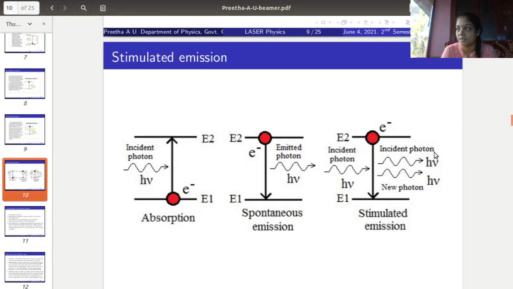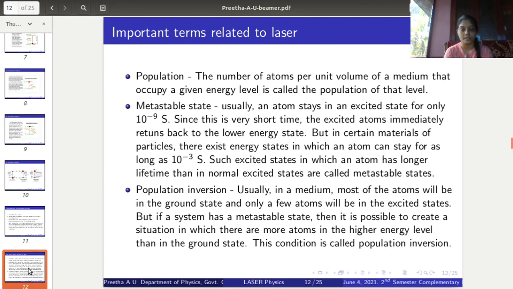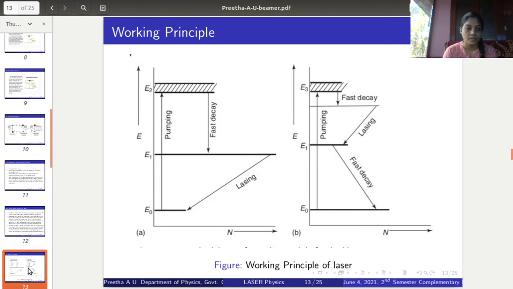That's why the metastable state is important for lasing action to take place, and hence the population inversion. So these are the important terms connected with laser. The metastable state and population inversion are the necessary conditions that should be achieved by the material medium in order for lasing action to take place.